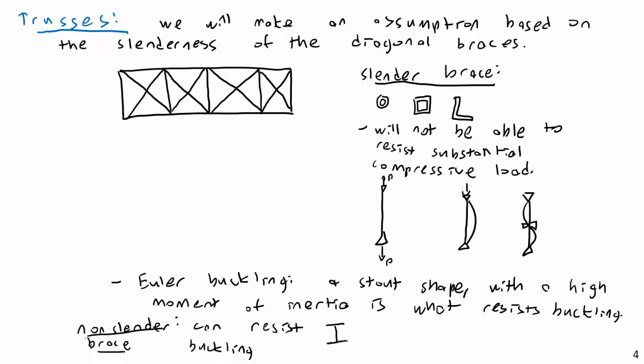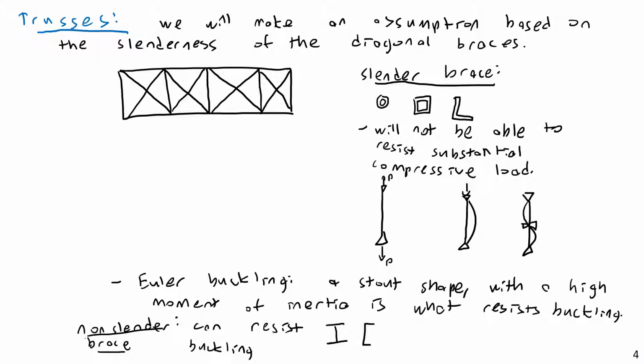If you make the diagonals of your truss out of something like a W shape, or other large rolled shape, especially a C channel, good, strong, stout shapes, if those have enough moment of inertia, they have enough oomph to resist buckling. Based upon which of these we have, we are going to make a certain assumption about how loads distribute through the truss. Do you understand the difference between slender and non-slender braces here?